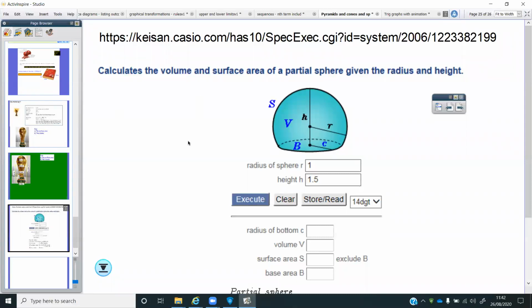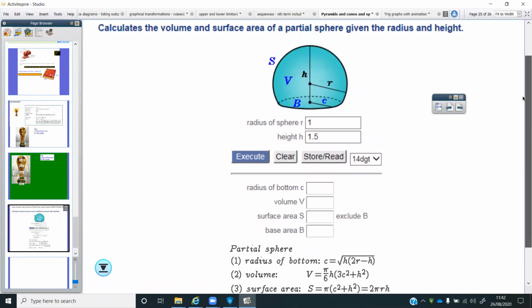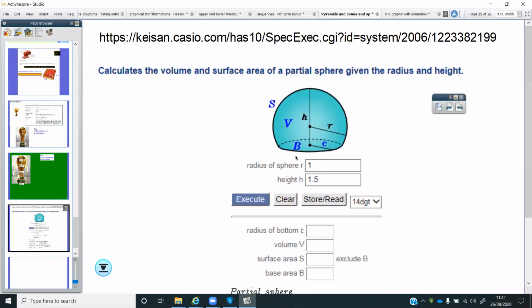So it's fascinating. I think they've actually got a formula for it down here as well. Yeah, you've got a formula. You can prove that formula works as well. But this takes us beyond where we go at GCSE and probably beyond where we go at A-level. But it's interesting. If it's interesting to us, it's going to be interesting to those people that are really into their maths, and we're talking about the higher end, and you should have a lot of fun with it. So there's lots of options there.